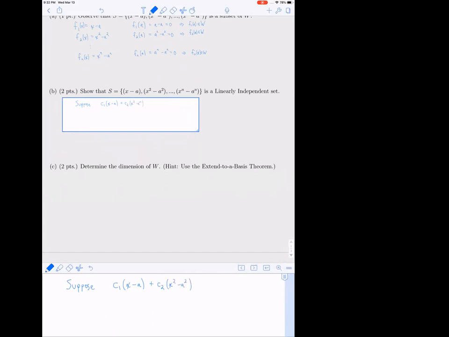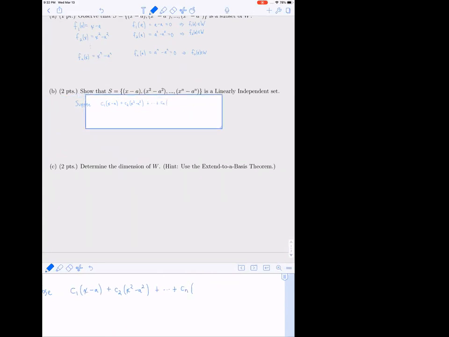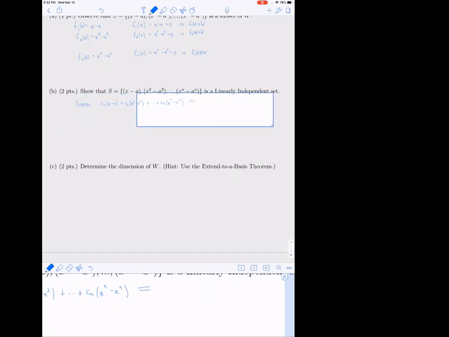So each polynomial is one of my vectors, and I want it to equal the 0 polynomial, which we usually just write as 0 without even a bar over it or anything. This is the 0 polynomial. You could think of it as the function that is 0 for all x.